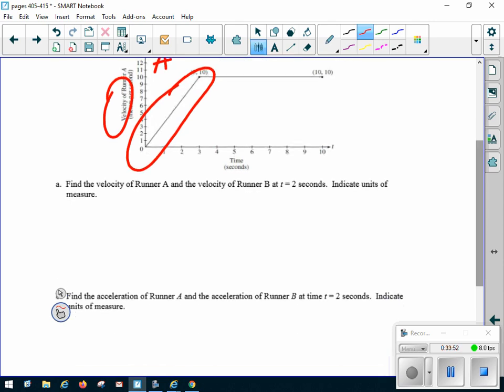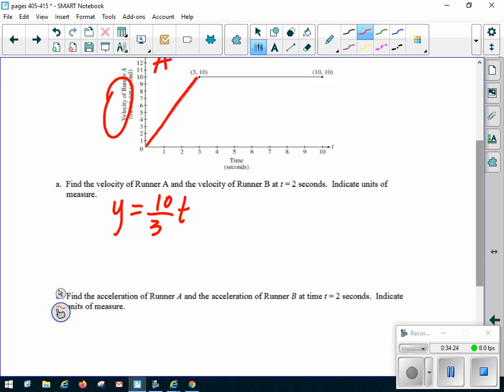Because I have 2 points. And if I find the slope of that line. What is the slope of that line? So, 10/3, I agree. Can you write the equation of the line? Y equals 10/3 t.